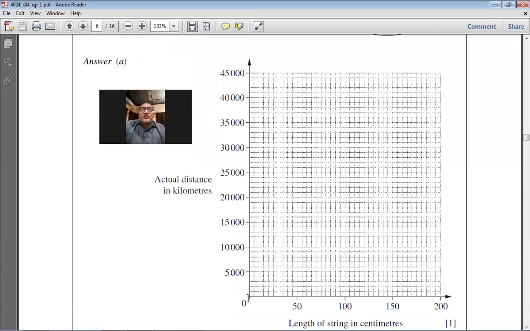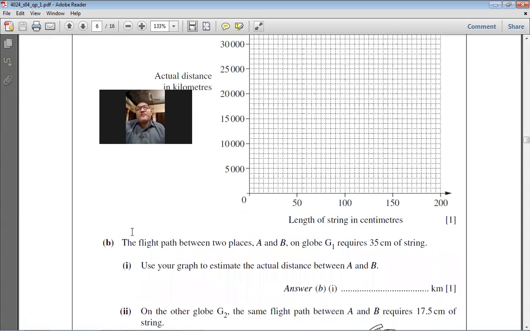At 0, the length will be 0. One dot will be here. The other dot is 157.5 and 40,000, so that dot will be somewhere here. Then I will join these two dots with each other. So that graph will be found.